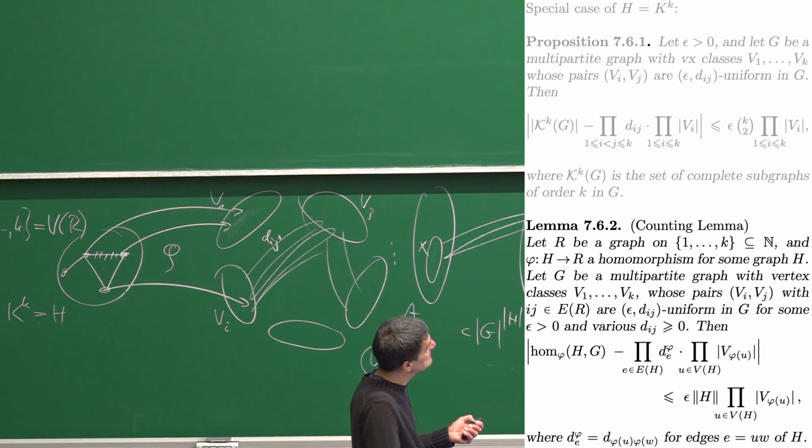The product over all the vertices little u in H: take their classes and multiply the sizes of those classes.